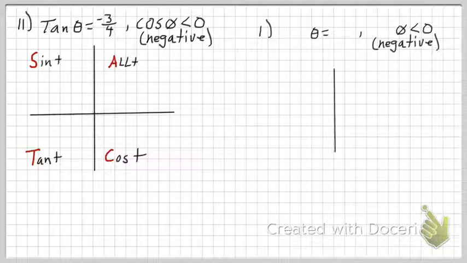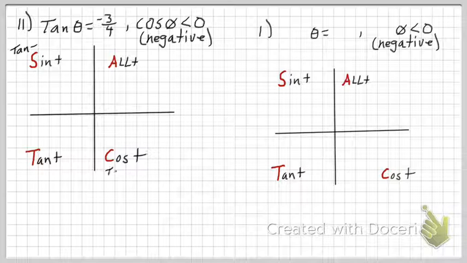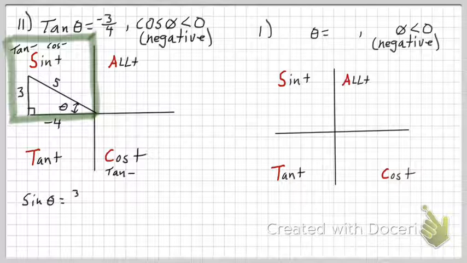And I end up doing the exact same thing on problem number 12, so I just copied that over. All right, so let's move forward here. Okay, so the tangent is negative in quadrant 2, and the cosine is negative in quadrant 2. Quadrant 2 is the only place where those two things are going to occur.